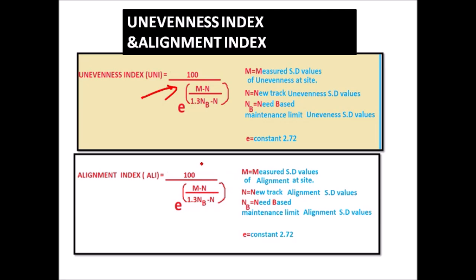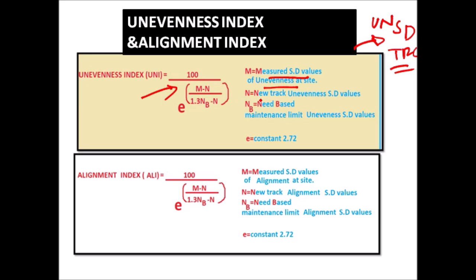Similarly for alignment also, 100 by (e power (m minus n) by 1.3 (nb minus n)). So see here, what is m? M is the measured SD value of unevenness at site.